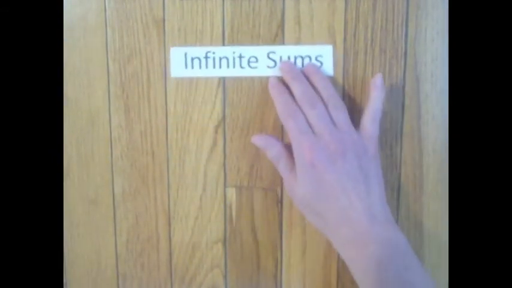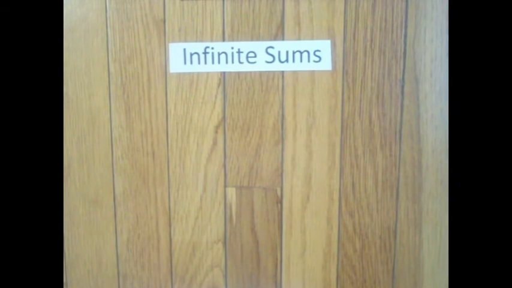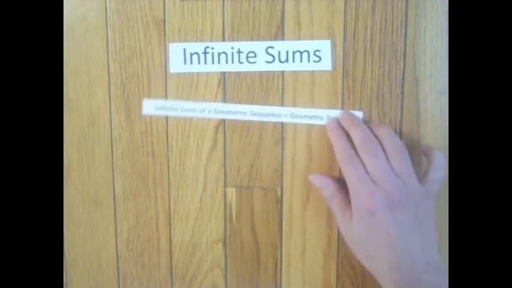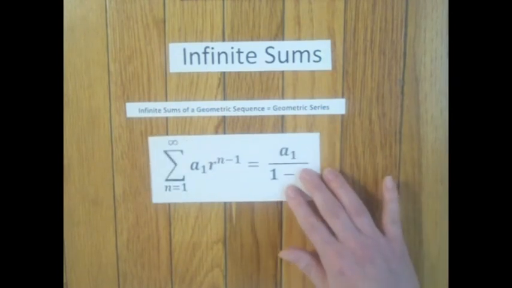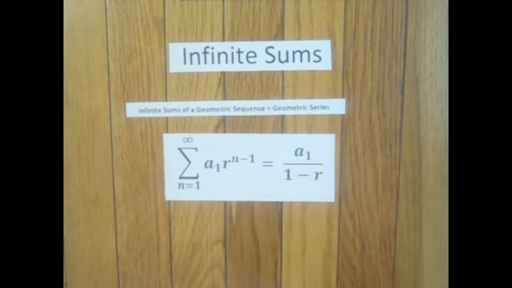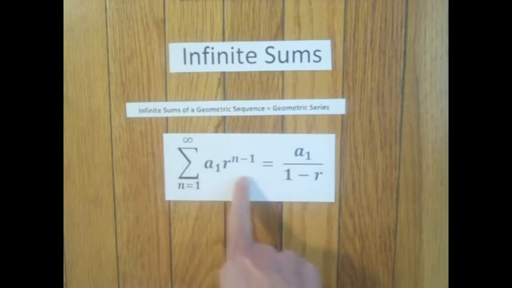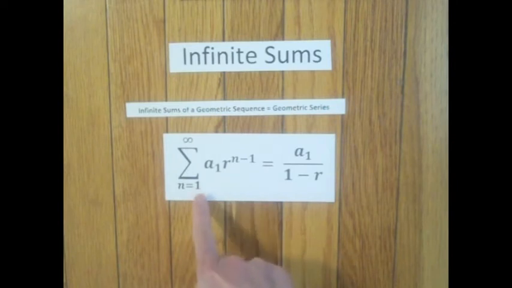The other type of sums are infinite sums, and these are a little bit more fun. Infinite sums of a geometric sequence is the same thing as saying that you have a geometric series. And to understand it, I'm going to bring back in the summation notation. It basically says that here we've got a geometric sequence, and we're starting from the first term.